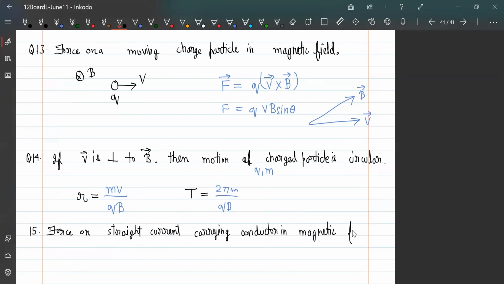You should tell me the answer. Current carrying conductor का length L ले लेते हैं. Current पे I है, small i. Magnetic field B है. तो कितना force लगेगा इस पर? First tell me in vector form, then in scalar form.